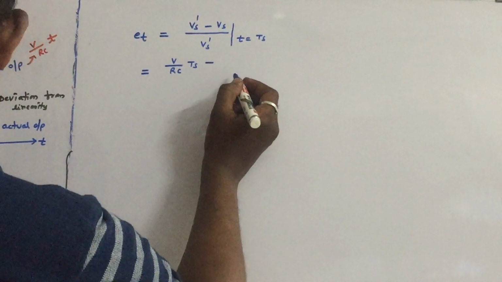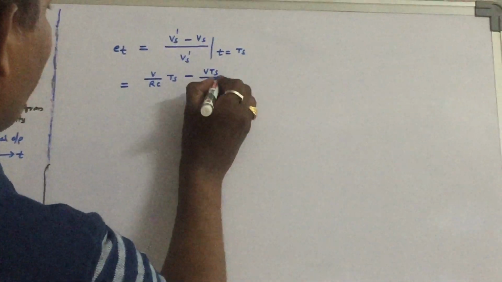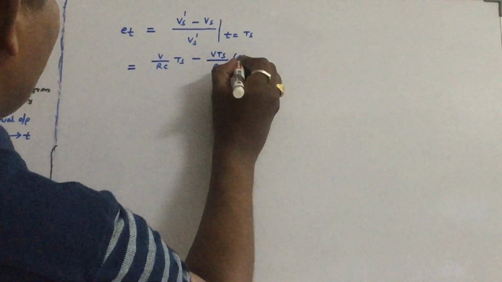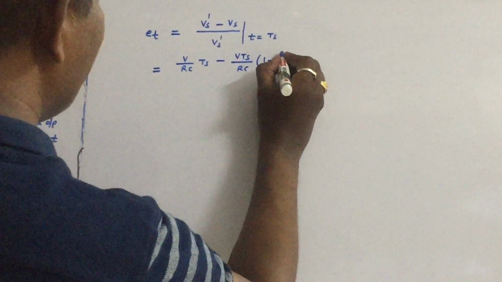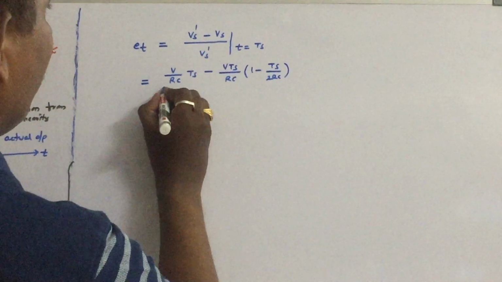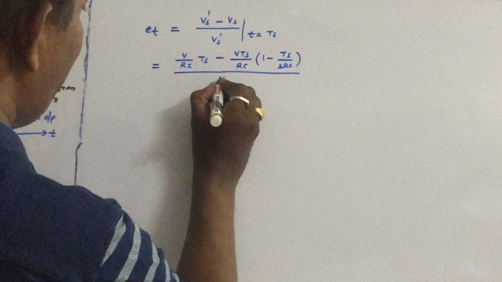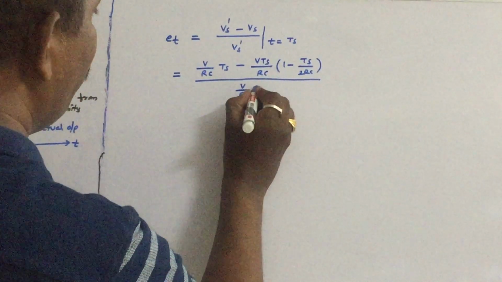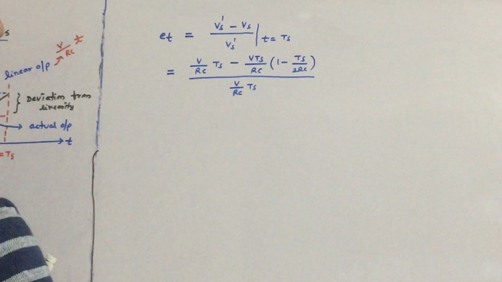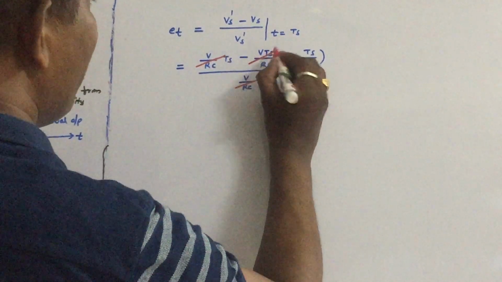What is Vs? Vs from equation 2 is V Ts by RC into 1 minus Ts by 2RC, divided by Vs dash. Vs dash is V by RC into Ts. So let us cancel out V by RC Ts.